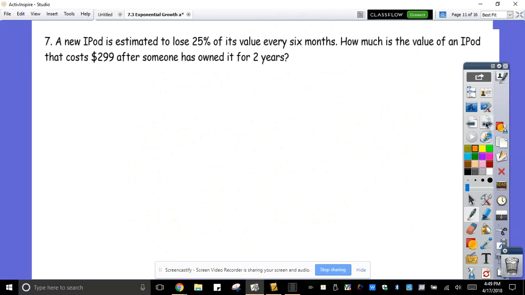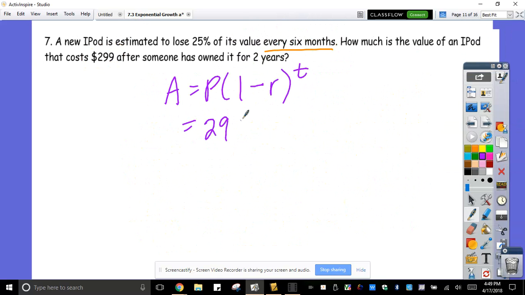7. A new iPad is estimated to lose 25% of its value every 6 months. Take note of that one. What is the value of the iPad after 2 years if it starts at $299? So A equals P times 1 minus r to the t power, wherein the initial price of the iPad is $299. 1 minus 0.25.